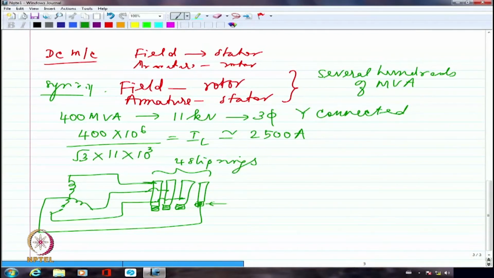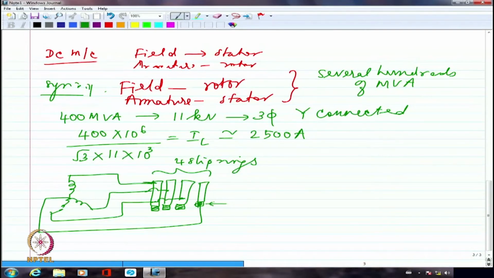So you are going to have the brushes connected through the slip rings back to the winding, so there will be a moving contact. I hope you understand. The brushes make contact on top of the slip ring. The slip ring is rotating along with the rotor winding, and I have to collect 2500 amperes of current from every phase. Apart from that, the neutral might also have a current depending upon whether the load is balanced or unbalanced slightly.